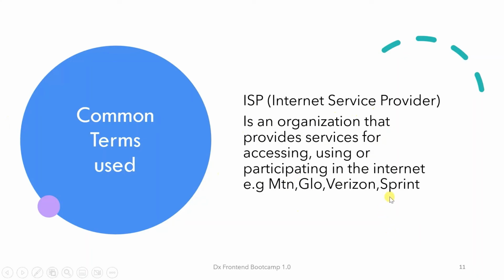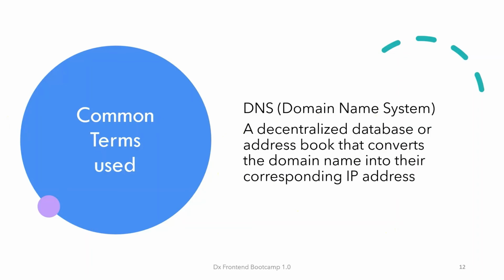Well, let's look at what then is a domain name system. If you look at our previous presentation, you're going to see that a domain name system is just a simple decentralized database or address book that converts domain names into their corresponding IP addresses.